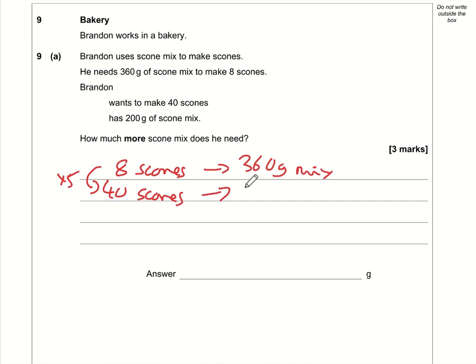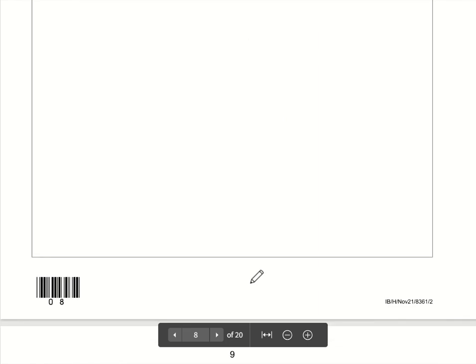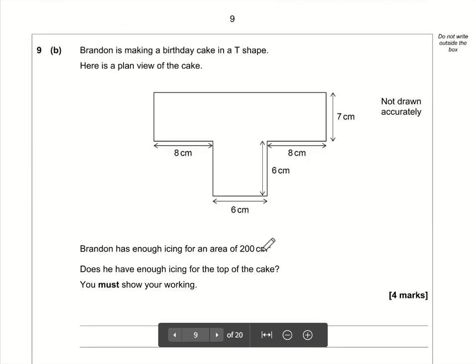So for 40 scones we will need 360 times 5 grams of mix, and 360 multiplied by 5 is 1,800 grams of scone mix. Now he's already got 200, so if we take away the 200 from the 1,800, we're left with 1,600 grams. So that's how much more scone mix Brandon will need, 1,600.